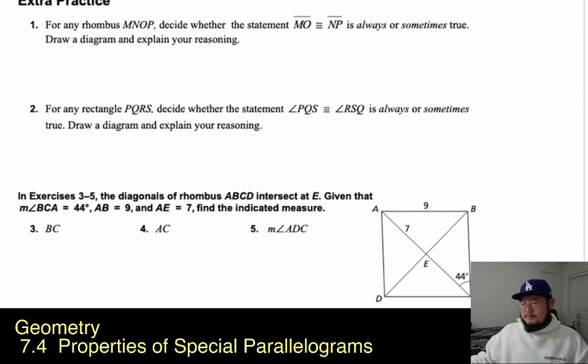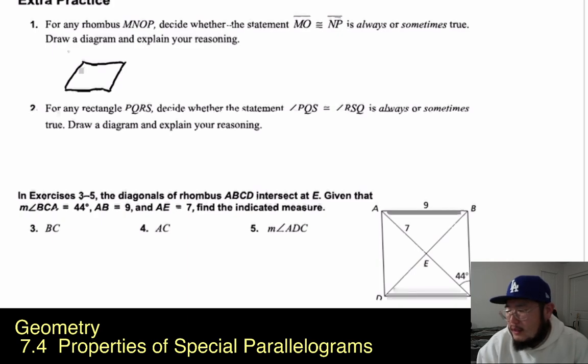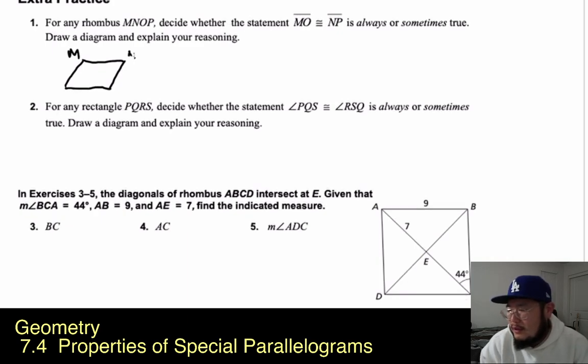All right. So let's take a look right here. Let's go ahead and draw something out. If I have right here, we've got a rhombus. And now remember, a rhombus has the characteristics of that of a parallelogram. Let me go ahead and label this M, N, O, P. And it says, decide whether the statement MO is congruent to NP.